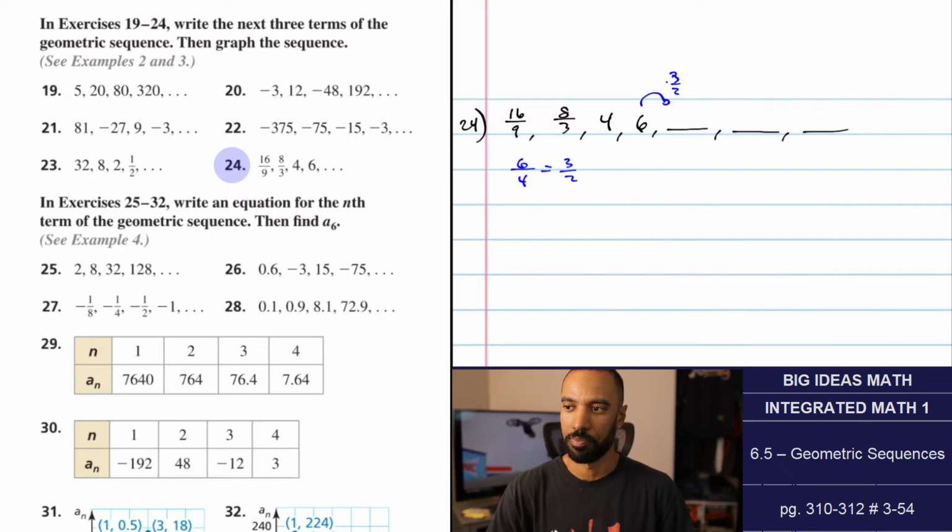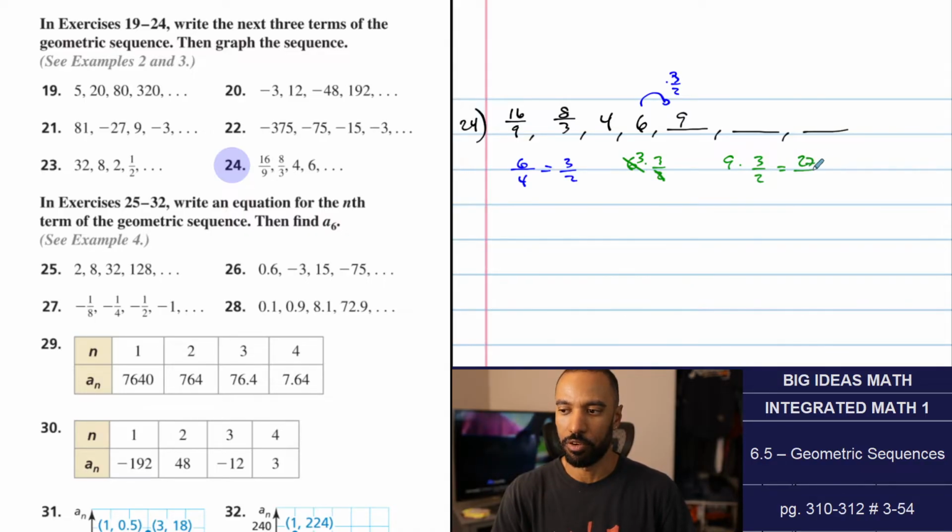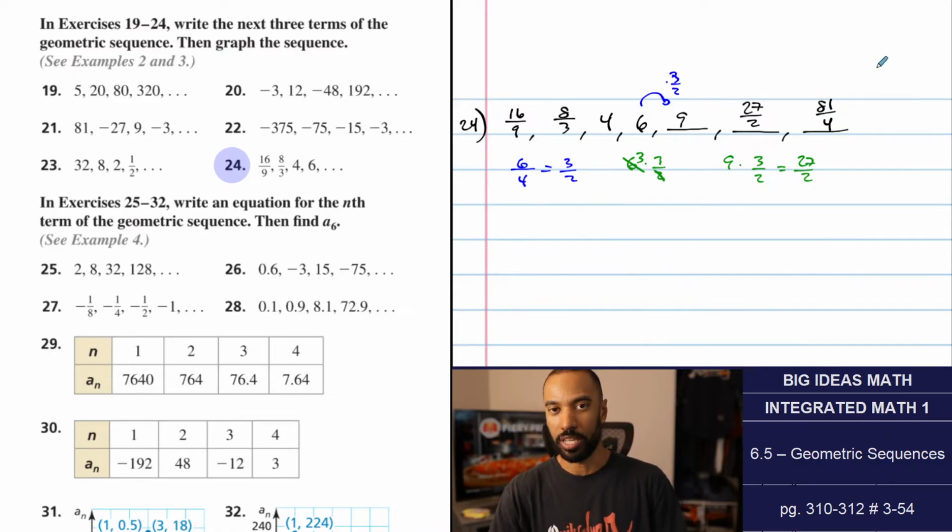So, 6 times 3 over 2. 6 over 2 is 3. 3 times 3 is 9. Now we got to do 9 times 3 over 2. This doesn't divide by 2 evenly, so that becomes 27 over 2. Now 27 over 2 as a mixed number is 13.5. 27 over 2 times 3/2 is 81 over 4. 81 over 4 is 20.25.